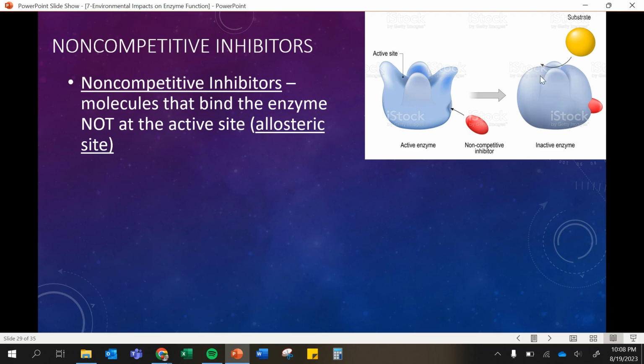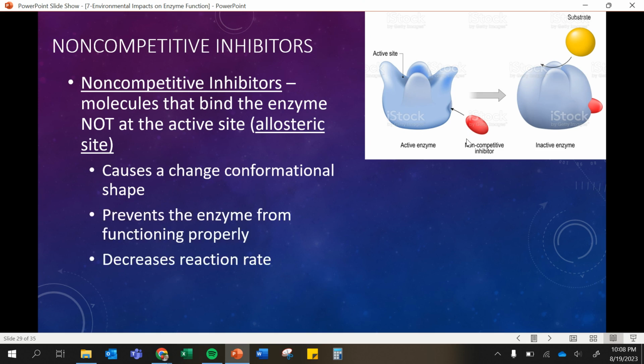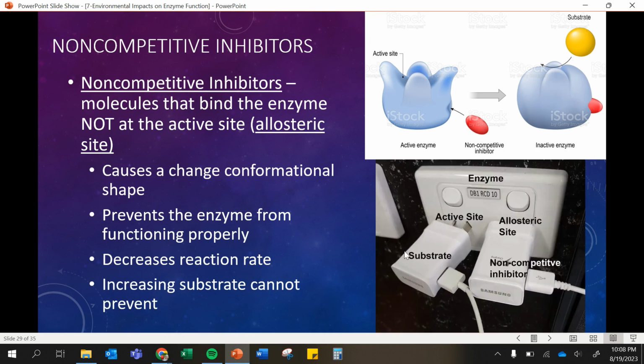Now that active site is no longer accessible, so the enzyme is non-functional and the substrate cannot be accepted. And then again, it's going to decrease the reaction rate. In this case, increasing the substrate won't prevent it because we now have a non-functional enzyme. So adding more substrate won't affect anything.